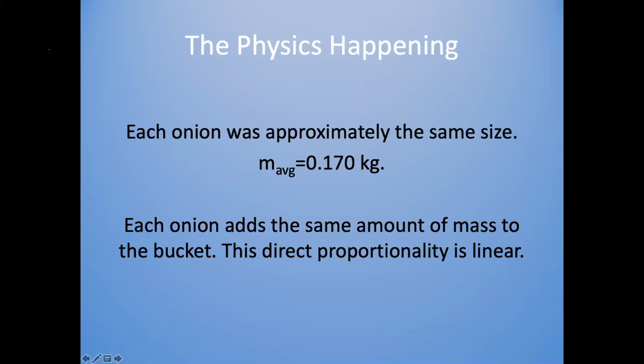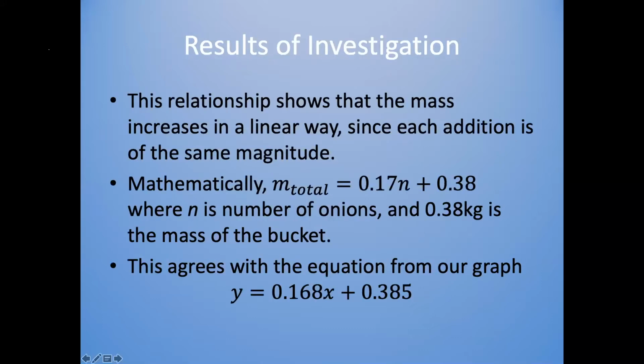So as we added onions to the bucket, the mass went up by the same amount each time because all the onions have the same mass. So this is directly proportional, which is a linear relationship, as you saw in that graph. So this relationship shows that the mass increases in a linear way since each addition is the same magnitude.